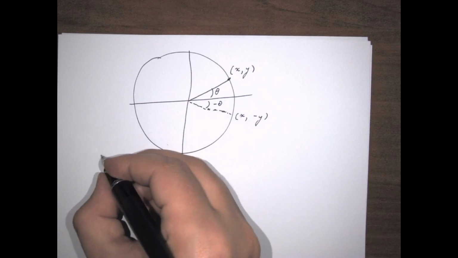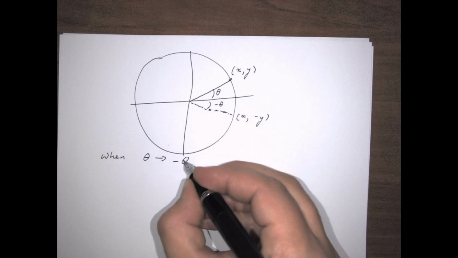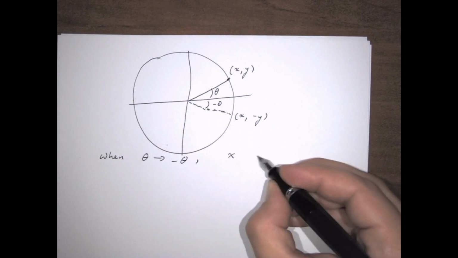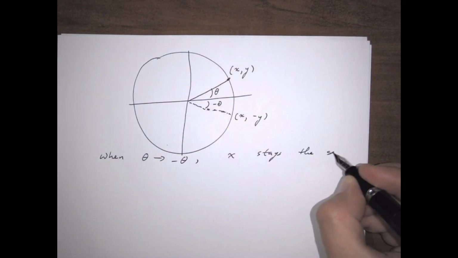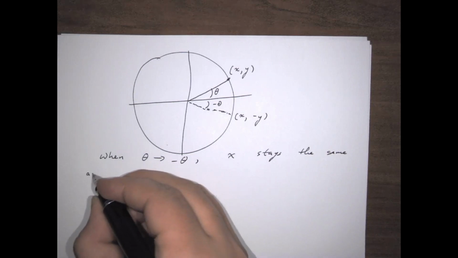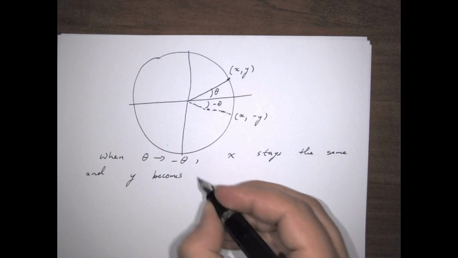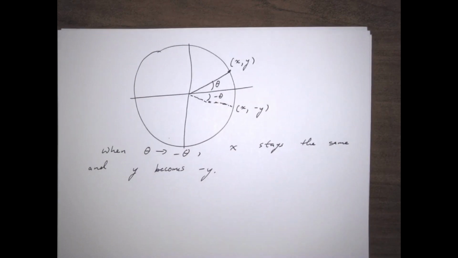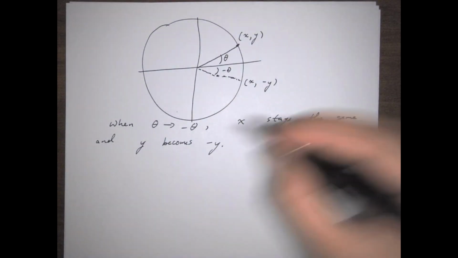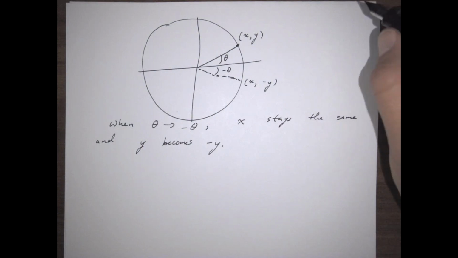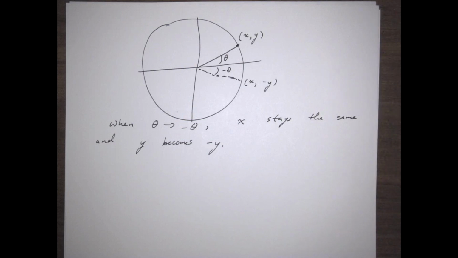So when theta becomes negative theta, x stays the same, and y becomes negative y. So it becomes its opposite. So what that means is that all of the functions that are x specific are even, and all of the functions that involve the y will be odd.